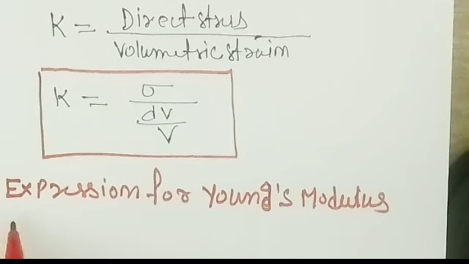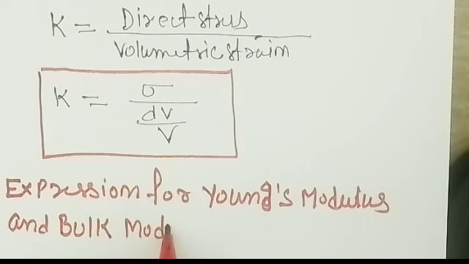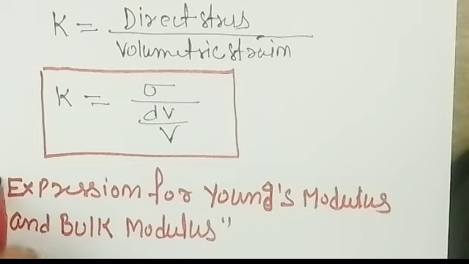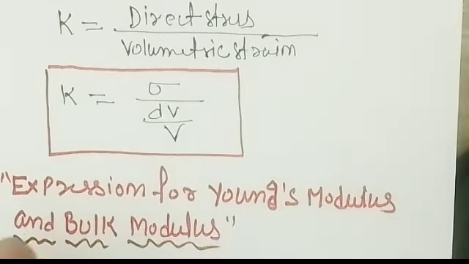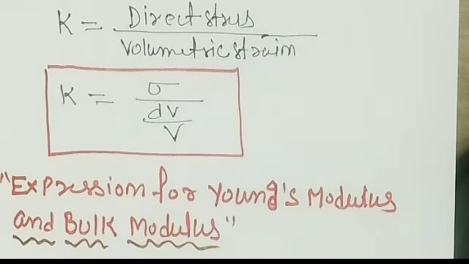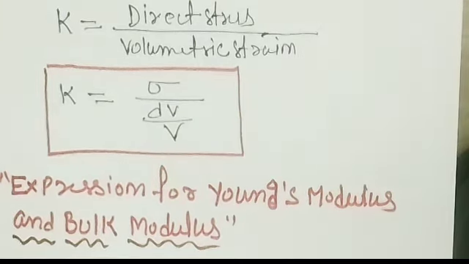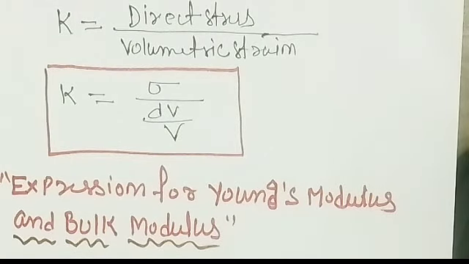Young's modulus is E and bulk modulus is K. This type of expression is very important from the university exam point of view, or when you write competitive exams with conventional descriptive papers. There you can get questions asking you to express the relation between these elastic constants, like Young's modulus, modulus of rigidity, and bulk modulus, where the Poisson ratio is also involved.